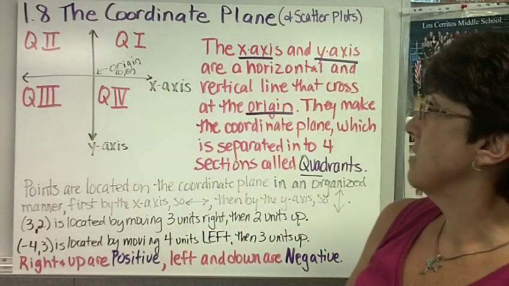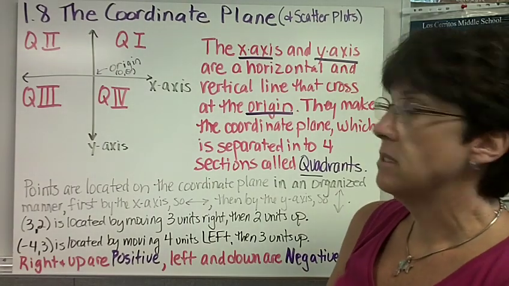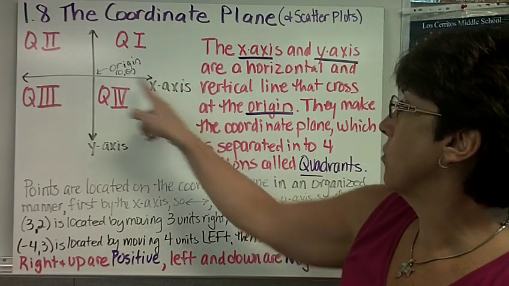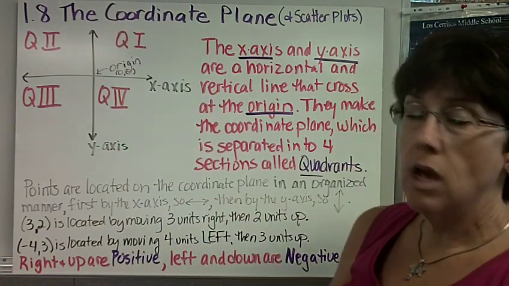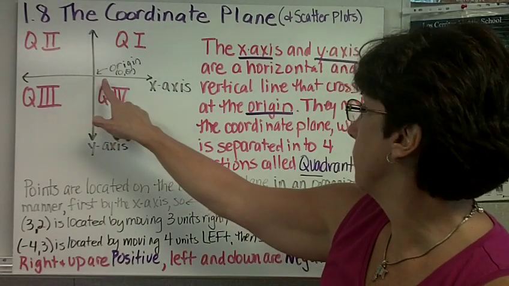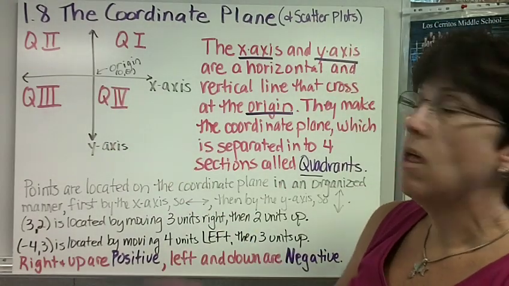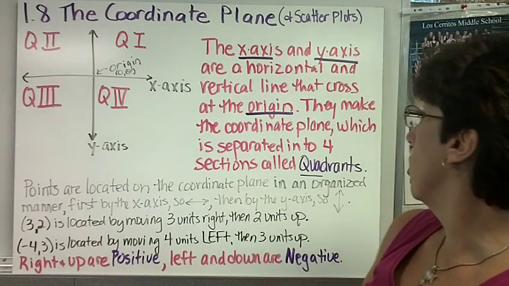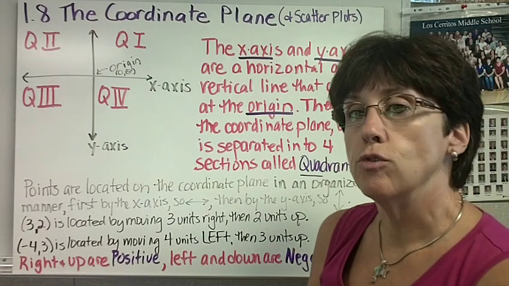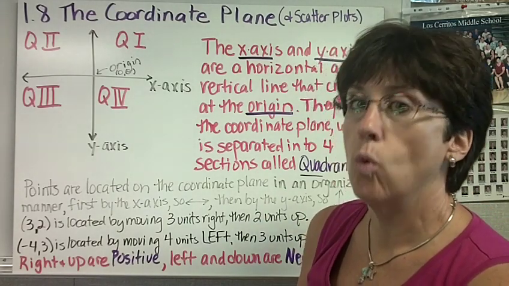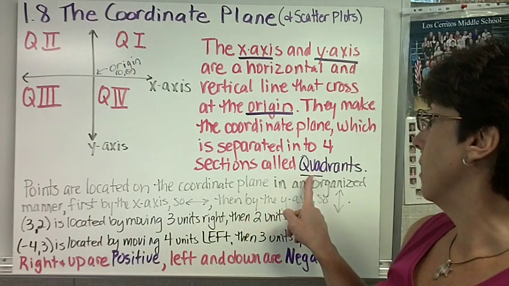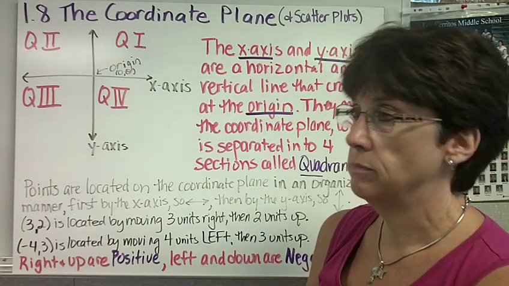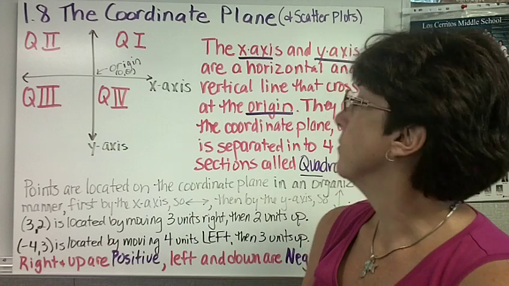The x-axis and the y-axis are a horizontal and vertical line that cross at the origin. They make the coordinate plane, which is separated into 4 sections called quadrants. And you know that quad is the prefix that means 4, like quadrilateral.